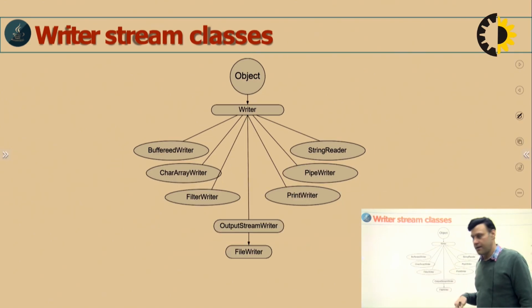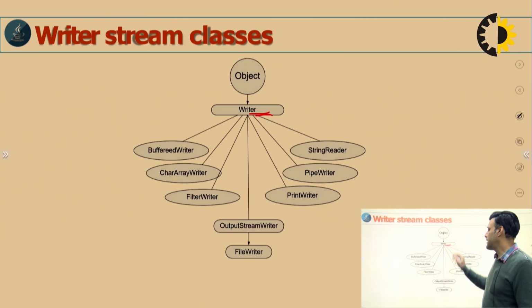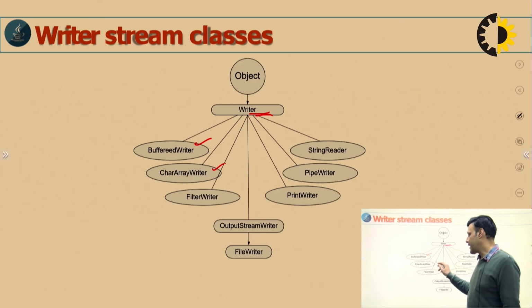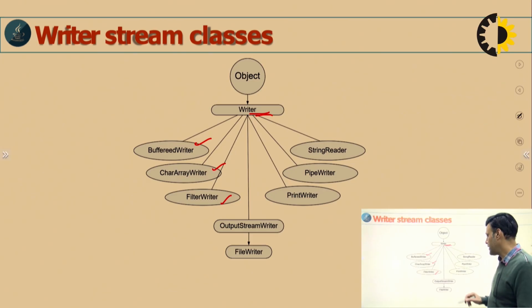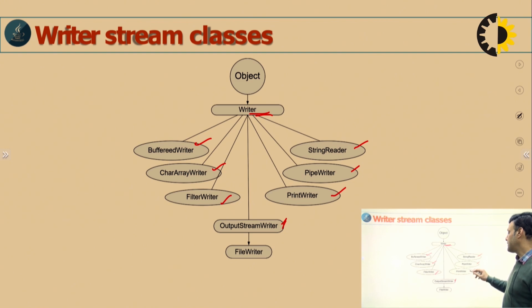Similarly for writer, this is the writer main class, under which we have buffered writer class, char array writer, filter writer, output stream writer, string writer, pipe writer, and print writer.